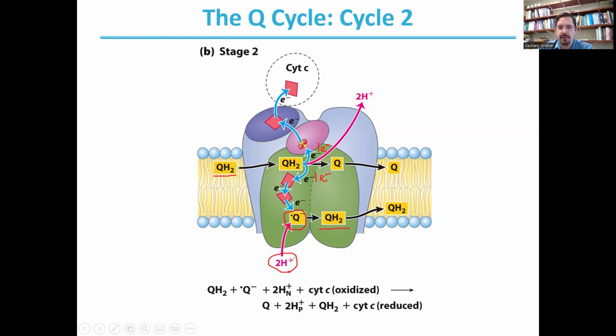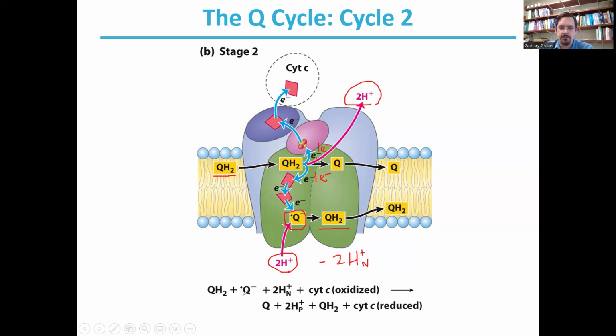So we're actually consuming protons from the matrix side, right? That's consumption of 2 protons from our matrix side, since we have this matrix binding site of our coenzyme Q, while at the same time we're also releasing 2 protons, again from our ubiquinol into the intermembrane space side.